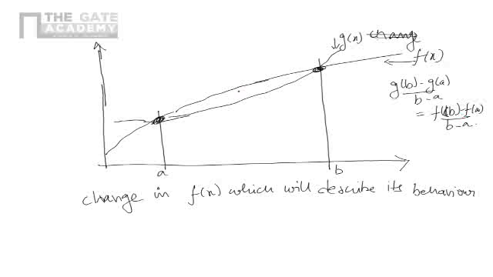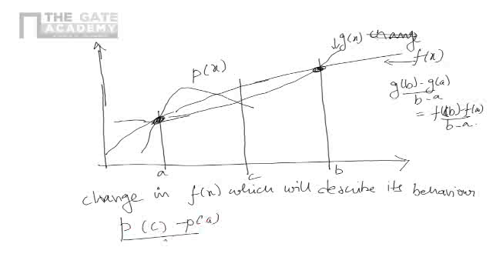So we took another point C, but what happened, one more fellow came and constructed a function like this called p of x, such that p of c minus p of a by c minus a is equal to f of c minus f of a by c minus a.